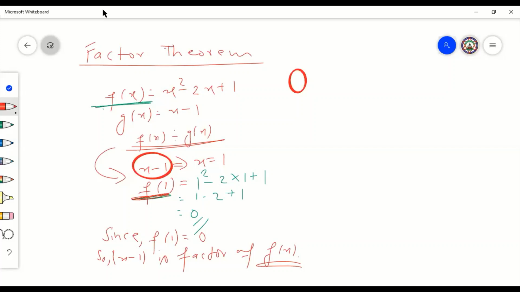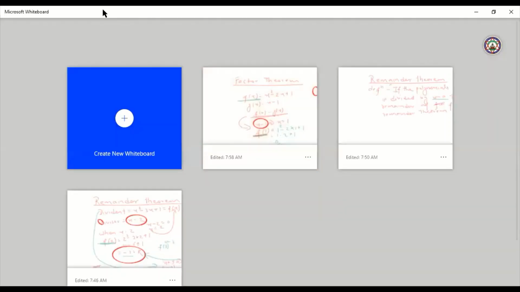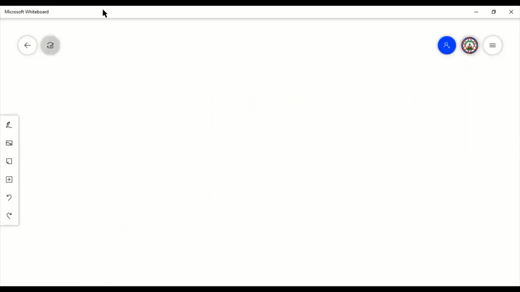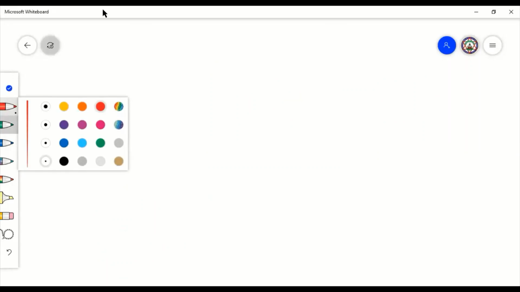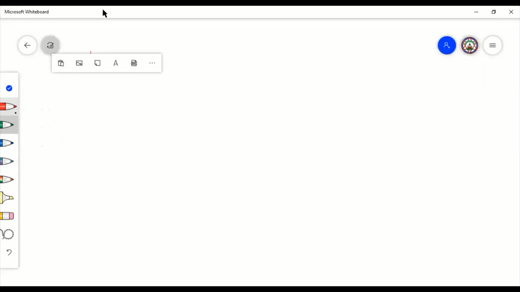Now check it. Factor theorem. Okay, factor theorem.